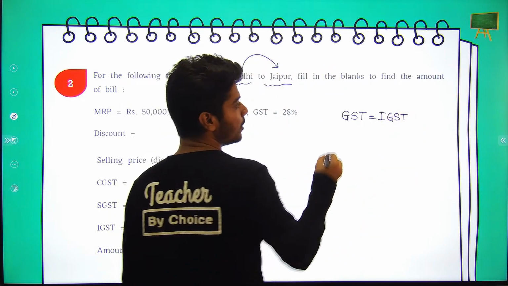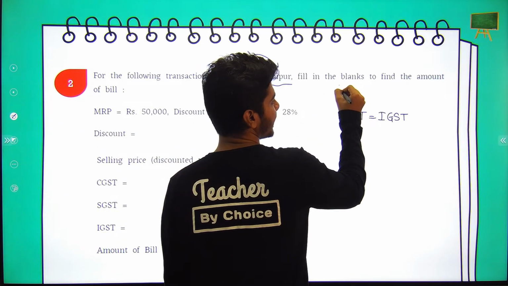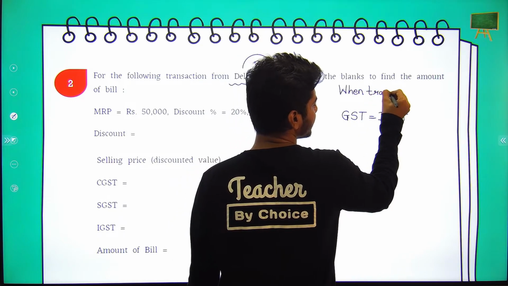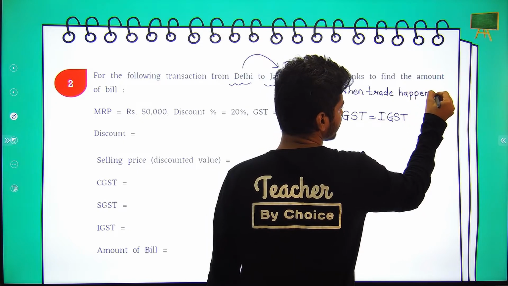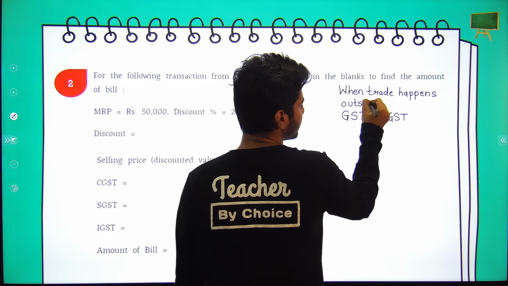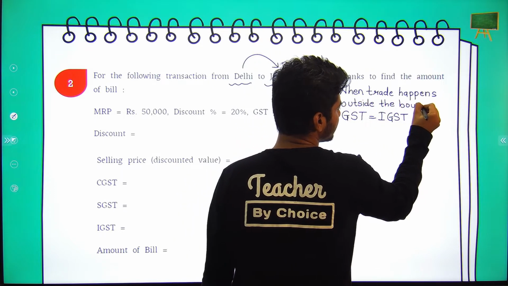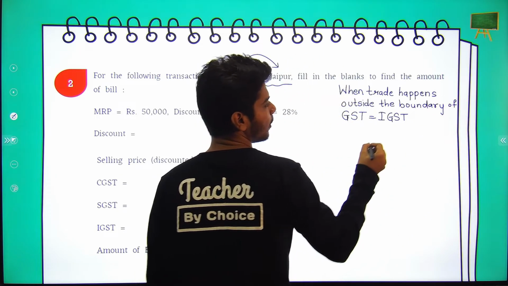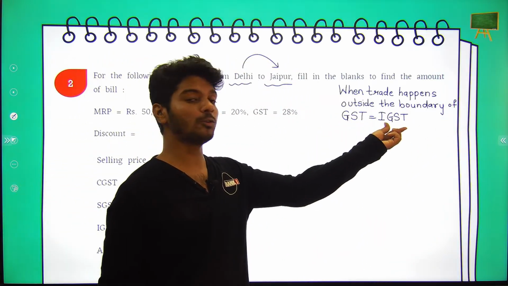I will explain. When the goods are traded outside the boundary of the state, understand, it is state, then GST will be equal to IGST.